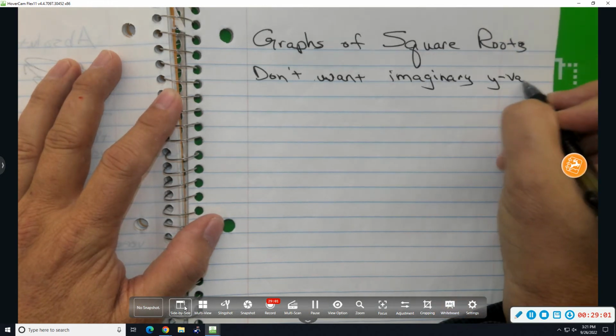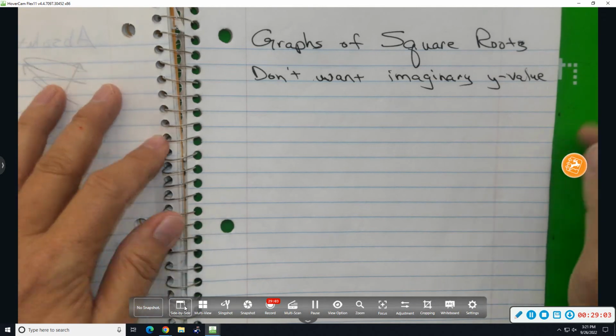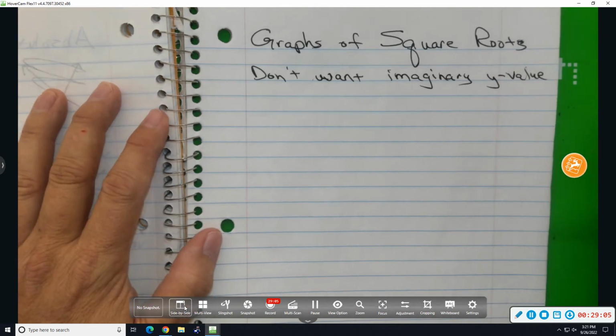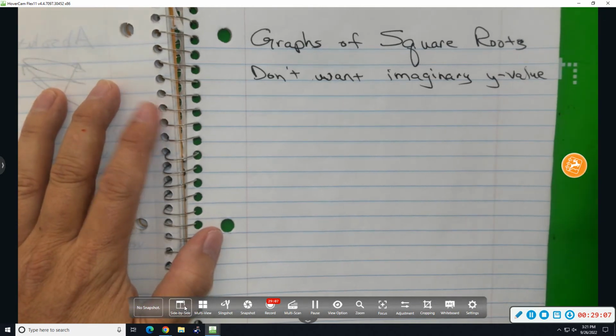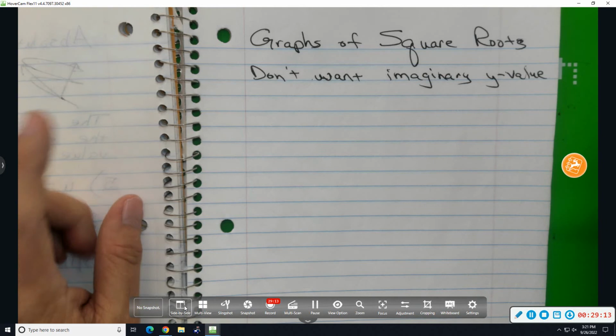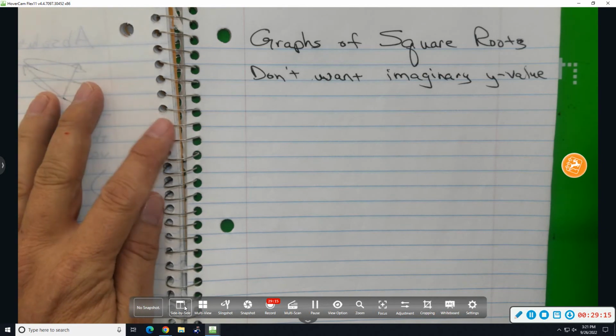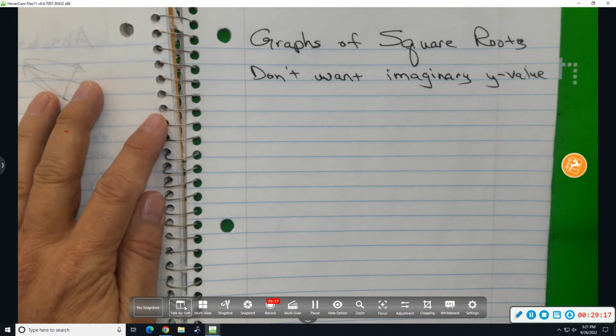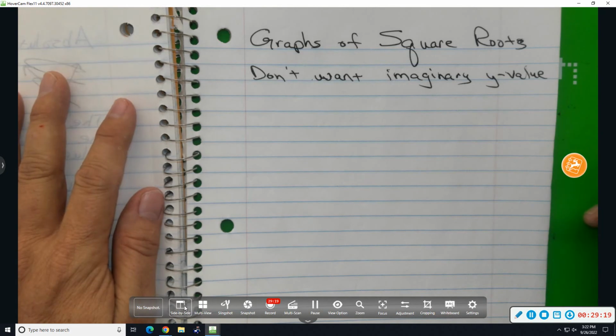A number is imaginary because it can't be labeled on a number line. That's why we have imaginary numbers. Those numbers can't be labeled on a real number line. So whatever you plug in, you sure don't want to plug in a number that will give you a square root of a negative number.